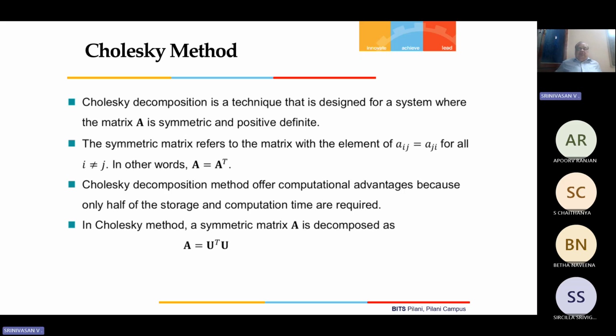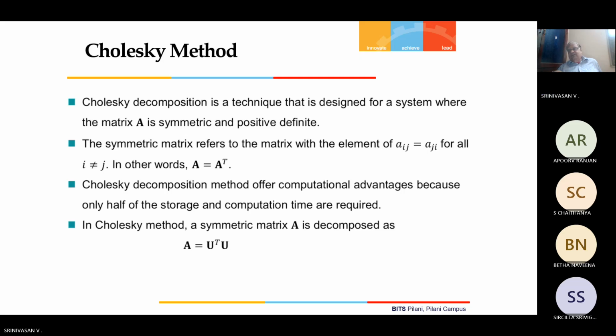The Cholesky decomposition method offers computational advantages because only half of the storage and computation time are required. In both Doolittle's method and Crout's method, you need to separately find L and U. But in the Cholesky method, one is the transpose of the other.